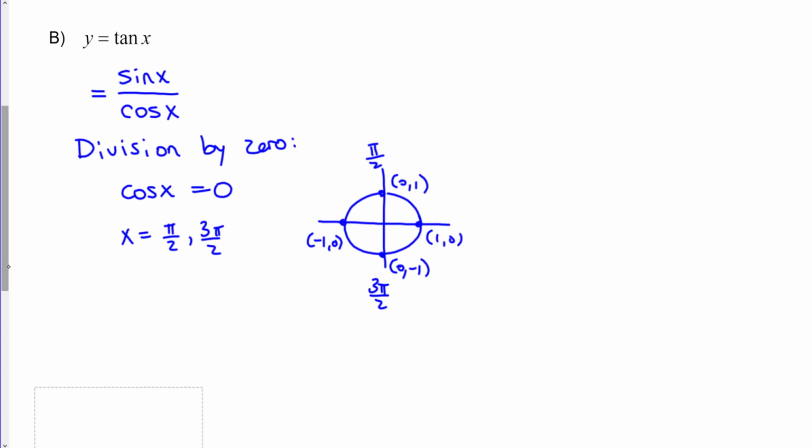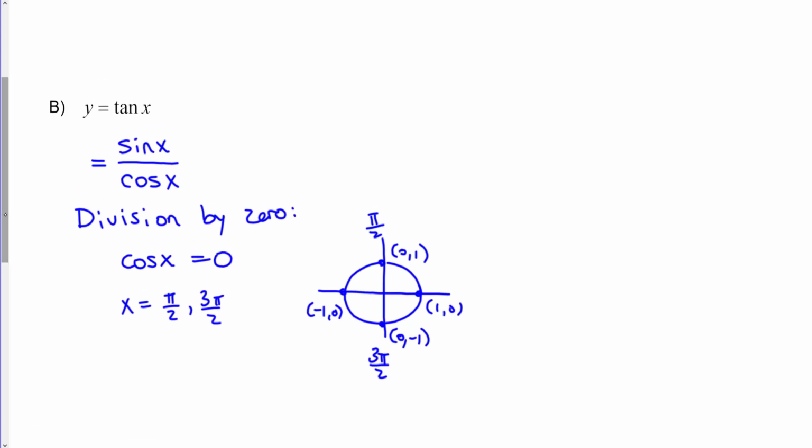So this function has removable discontinuities, my apologies, non-removable discontinuities, and the reason I know that they're non-removable discontinuities is because division by 0 is occurring, and therefore we have asymptotes.